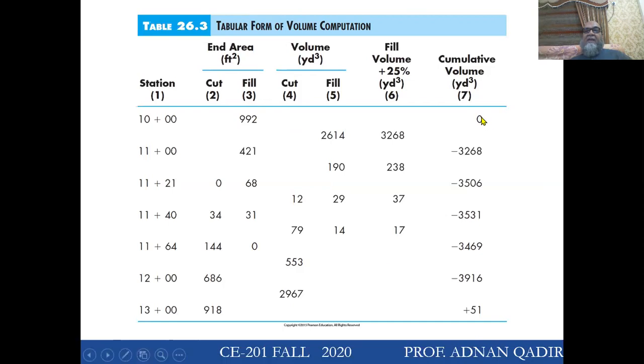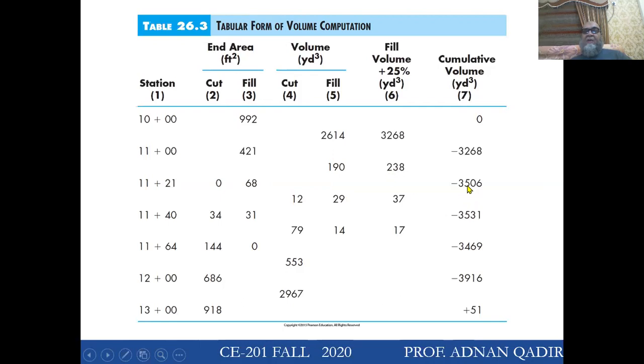I will take 0 and minus 3268. This becomes minus 3268. And then minus 3268 minus 238 becomes minus 3506. Here, this is a fill volume.